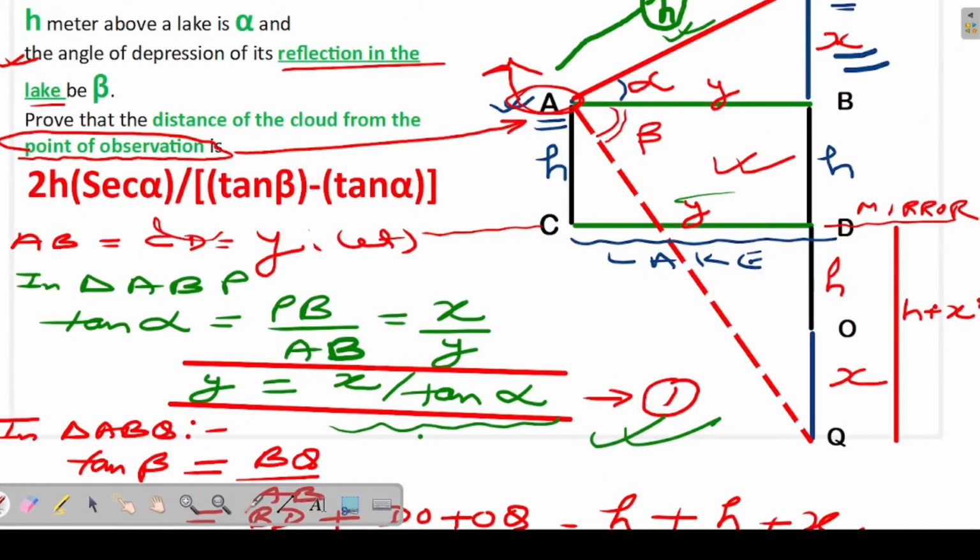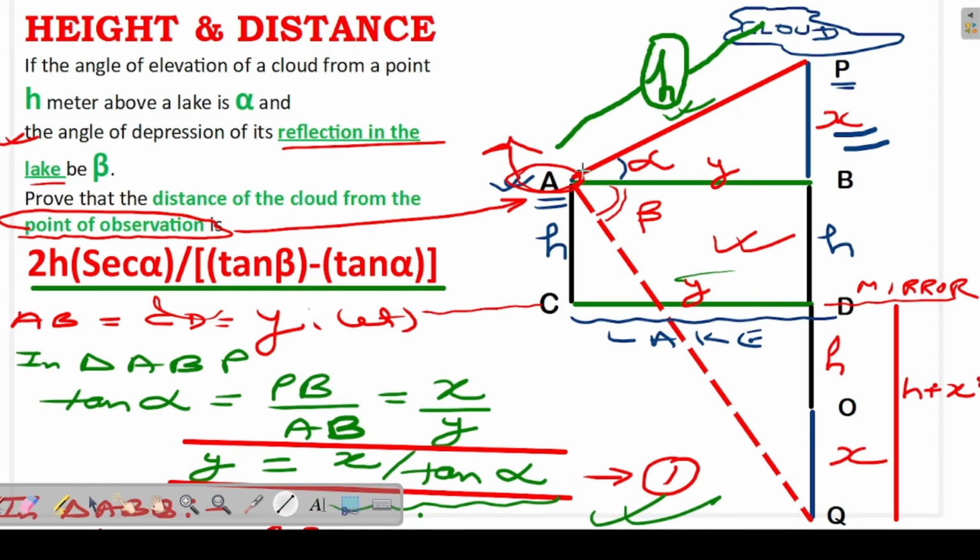So in this way we calculated the distance of AP. We can write here AP as h sec alpha by tan of beta minus tan of alpha, right?